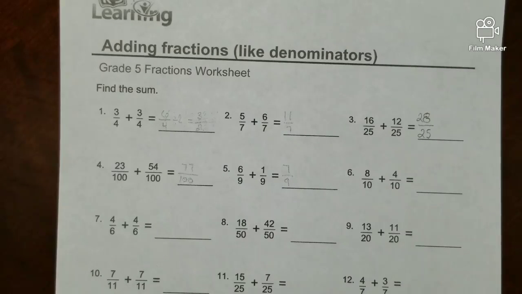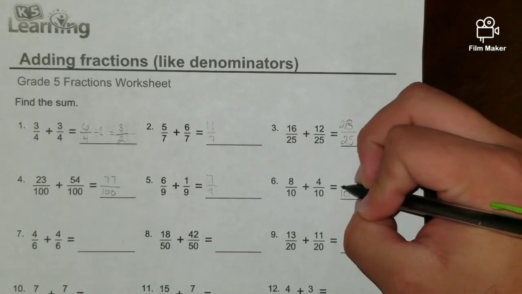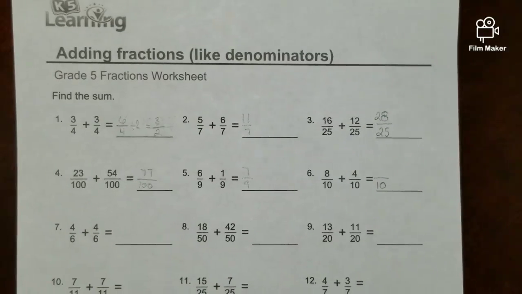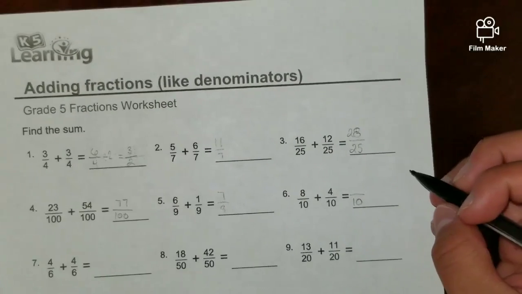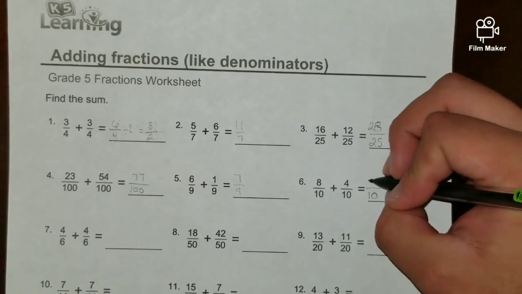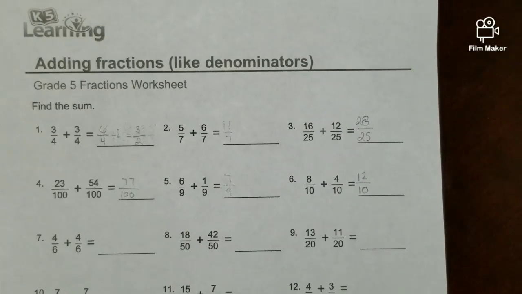For the next one, we have 8 over 10 plus 4 over 10. So first, we bring the 10 over, and we add 8 plus 4, which would give us 12. And this one we can actually reduce.